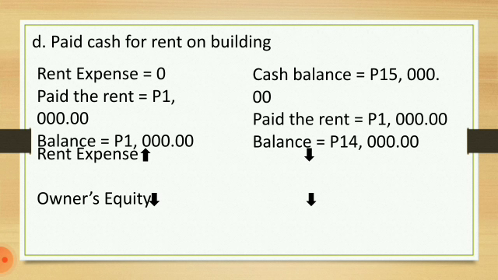When you pay the rent of 1,000, it's deducted. Therefore, what happened to your balance? It becomes 14,000. So your cash is decreased. Now, when your cash is decreased, what happened to your asset? Since cash belongs to asset, your asset is also decreased.